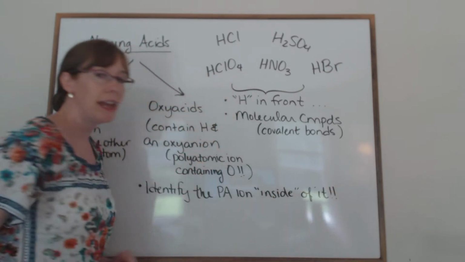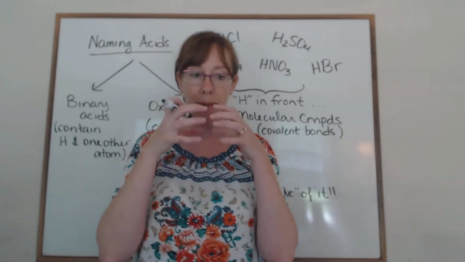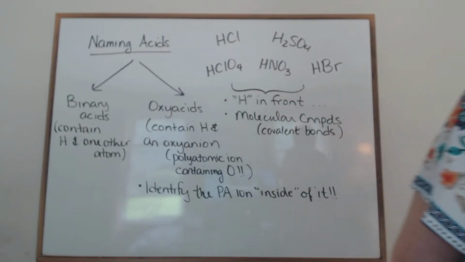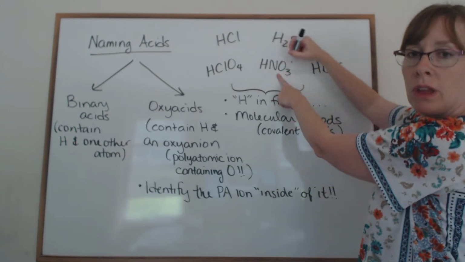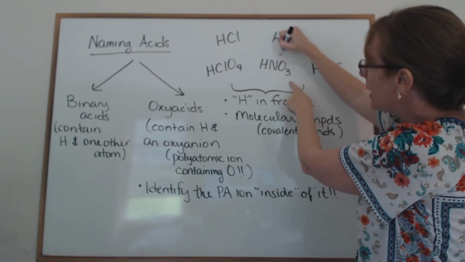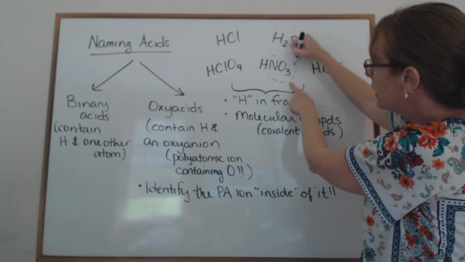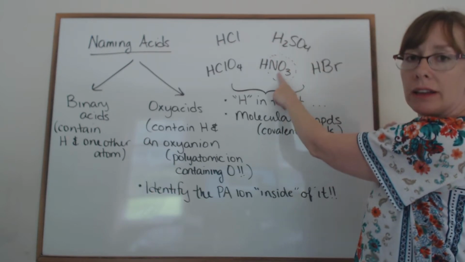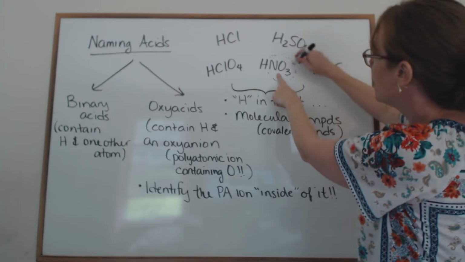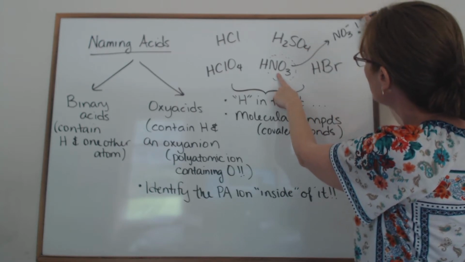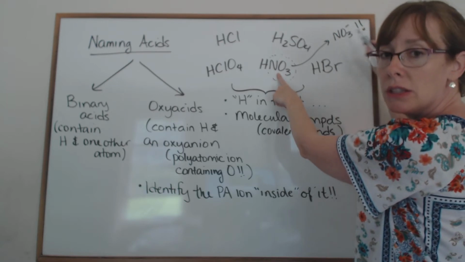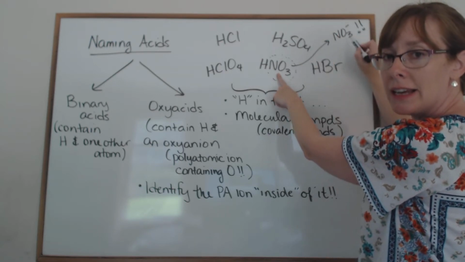All of the oxyanions will have a polyatomic ion embedded in it. So for instance, let's take this one here. What you have to do is recognize that there was a polyatomic ion embedded in it, and it was nitrate. So that's why having these memorized is so important.